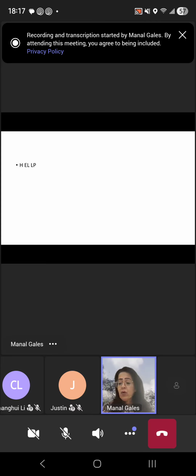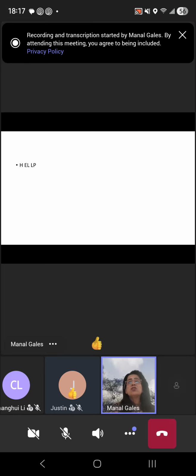Guys, I don't have my writing device because I wasn't expecting most of you on Zoom. So I cannot write it out, but H stands for hemolysis, EL, elevated liver enzymes, LP, low platelets.